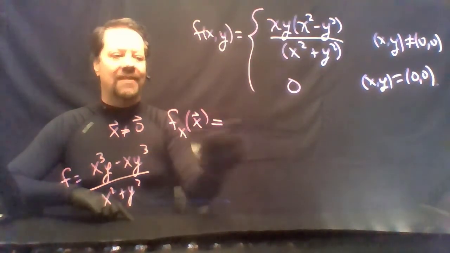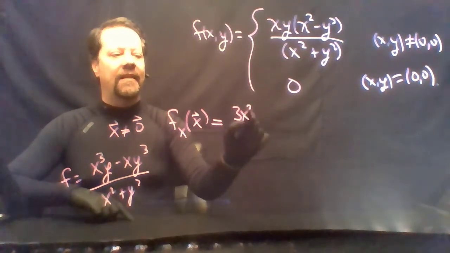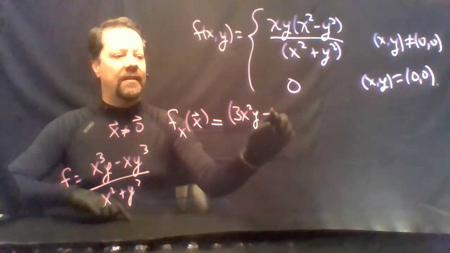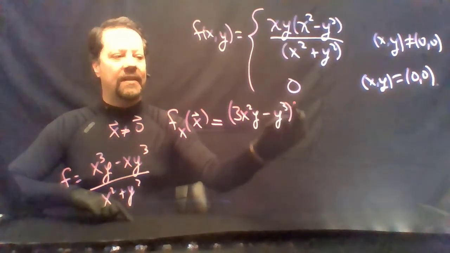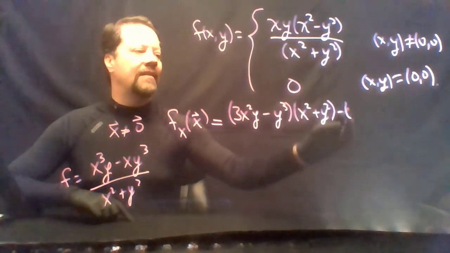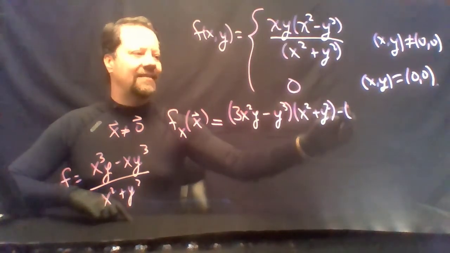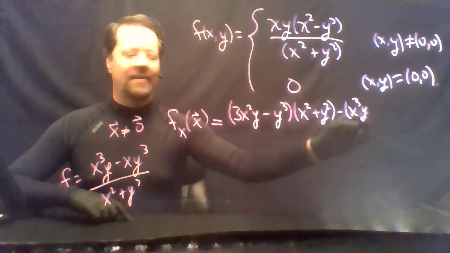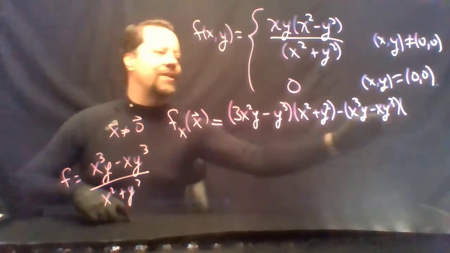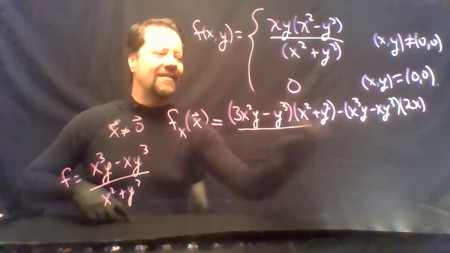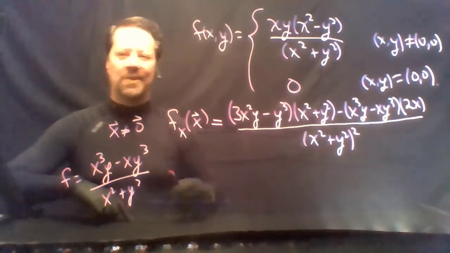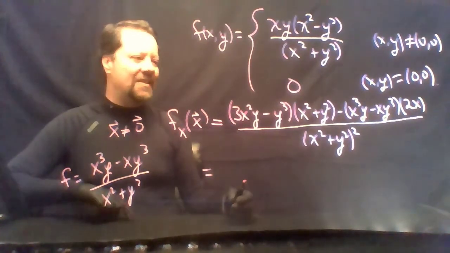The derivative with respect to x will have (3x squared y minus y cubed) times the bottom, minus the top, that's going to be (x cubed y minus x y cubed) times the derivative of the bottom with respect to x, which is 2x, divided by the bottom squared.